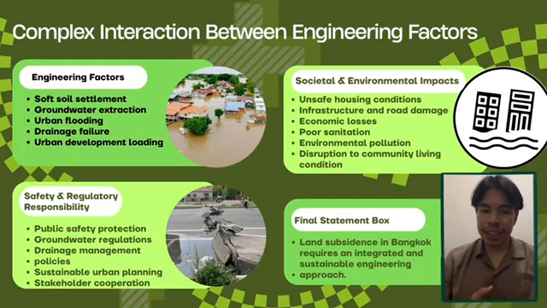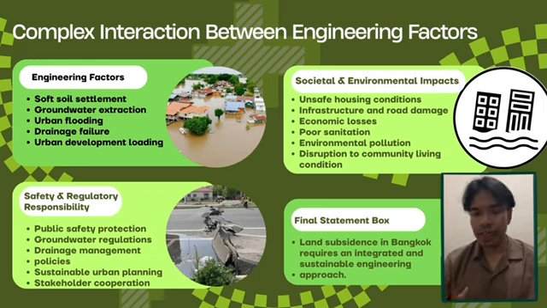This slide summarizes the complex interaction between engineering factors and their impacts. Several engineering factors contribute to land subsidence, including soft soil settlement, groundwater extraction, urban flooding, drainage failure, and urban development loading. These engineering problems create significant societal and environmental impact such as unsafe housing condition, road and infrastructure damage, economic losses, poor sanitation, environmental pollution, and disruption to community activities.